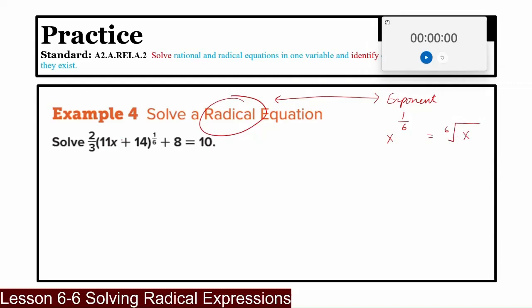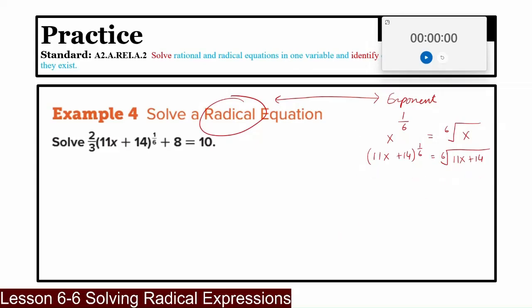Instead of x, I have 11x plus 14. So 11x plus 14 raised to 1/6 simply means that it's the sixth root of 11x plus 14. So we have to keep this in mind.